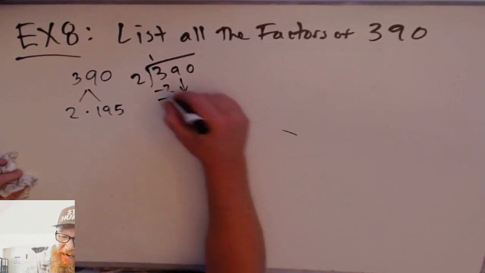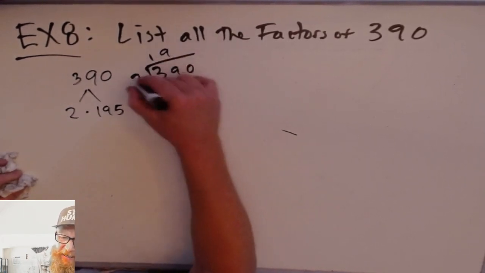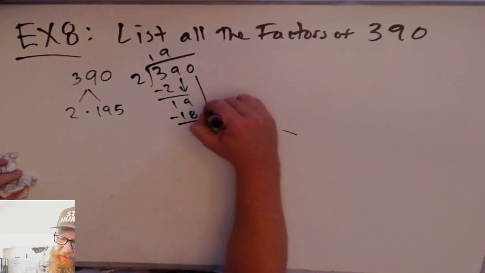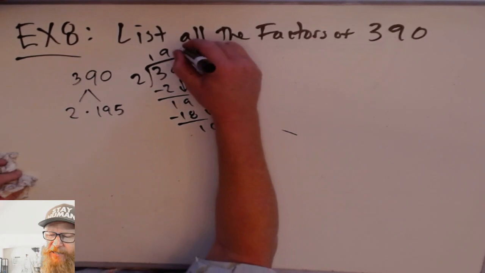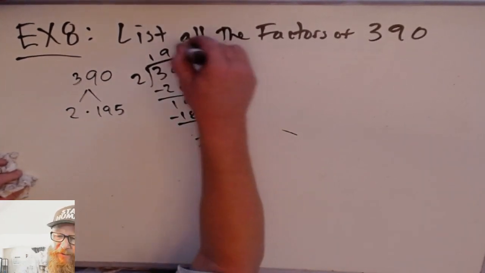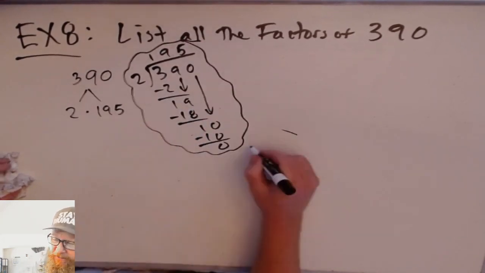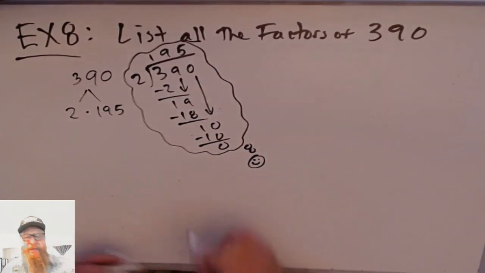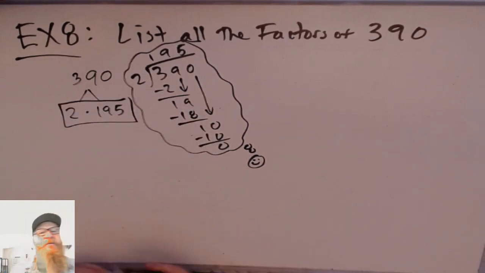Bring down the 9. You get 9. 9 times 2 is 18. Bring down the 0. 2 goes into 10 5 times. 5 times 2 is 10. Remainder is 0. So there's your mental math for that one. If you can do it mentally, that's great. If you can't, that's okay also. That's what I'm here for, right?